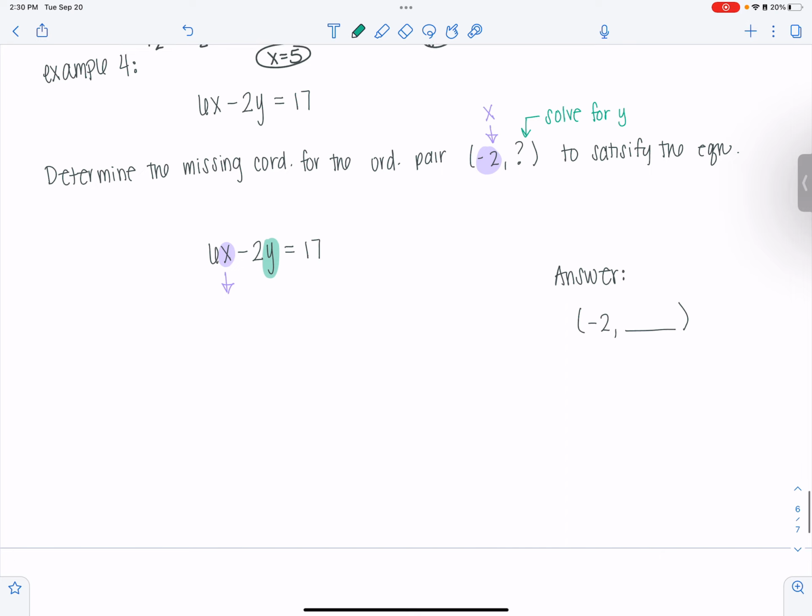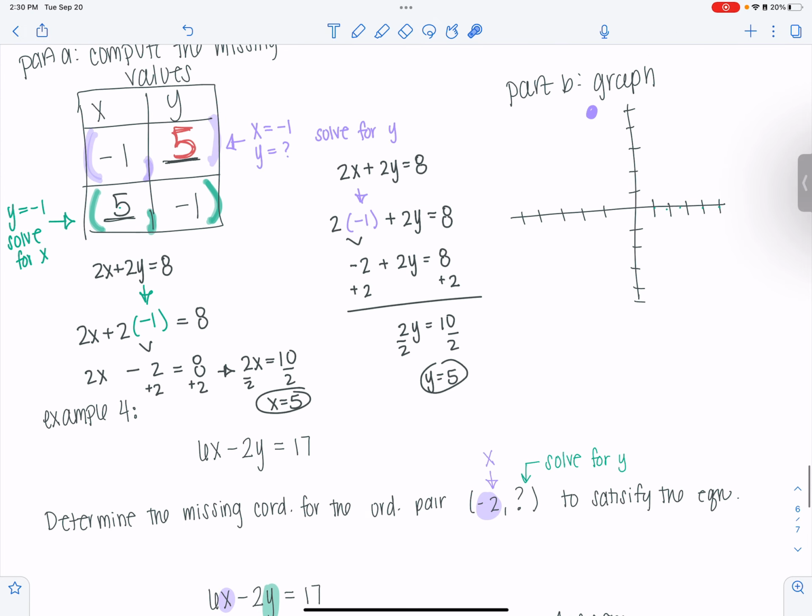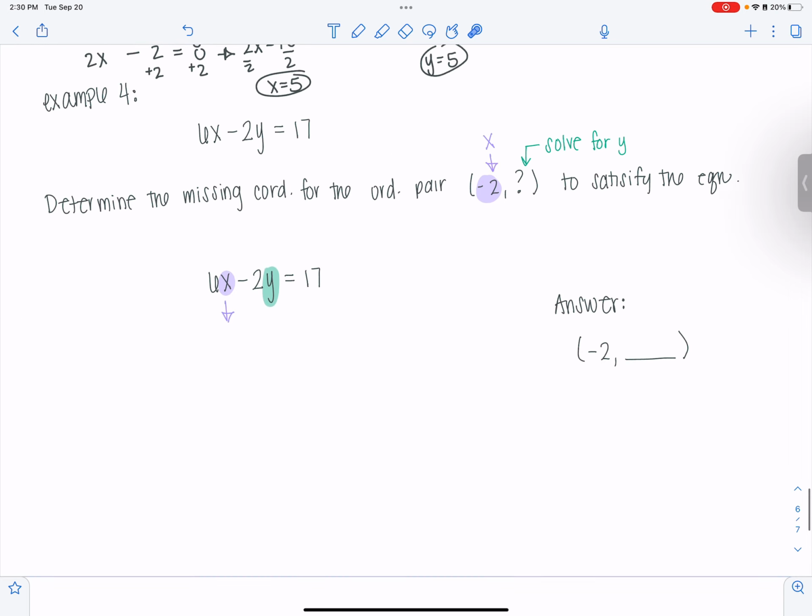All right, and then the last one, example 4, says here's your equation, 6x minus 2y equals 17. Determine the missing coordinate for the ordered pair that satisfies the equation. So I've got this equation, you can see here, 6x minus 2y equals 17, and they said to fill in x with negative 2 and solve for y. So really, these two examples, example 3 and example 4, are really asking the same things, just in a slightly different format.